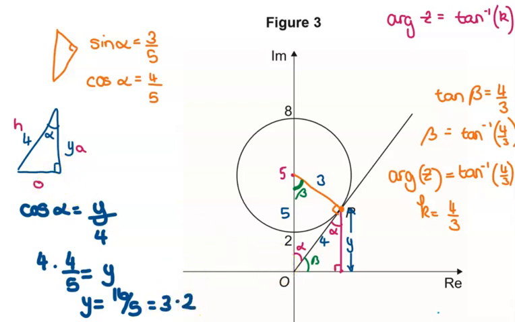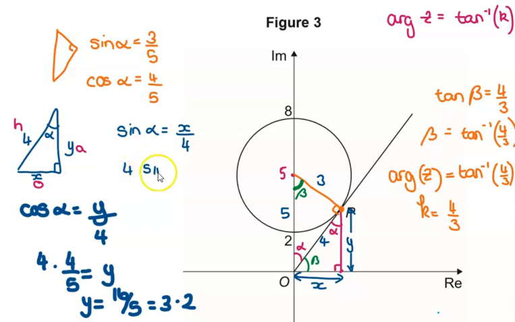Similarly, we can find the x value in our triangle. Why do I keep getting the wrong pen? We can find the x value here, this distance here, using the same methodology. So we want the opposite. We know the hypotenuse. We could use y if we wanted to, but if we'd made a mistake, probably best not to. So sine alpha is equal to the opposite, which is x, over the hypotenuse, which is 4.